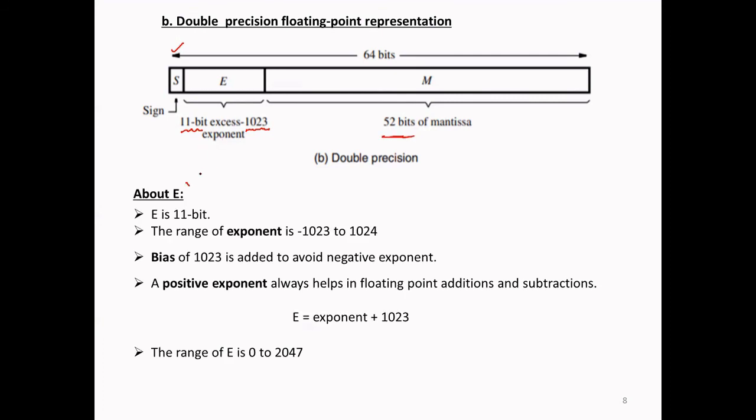The exponent is 11 bits, and the range is minus 1022 to 1023. To avoid negative numbers, a bias of 1023 is added. A positive exponent always helps in floating point addition and subtraction. E equals the exponent plus the bias 1023, which gives the range of capital E as 0 to 2047.